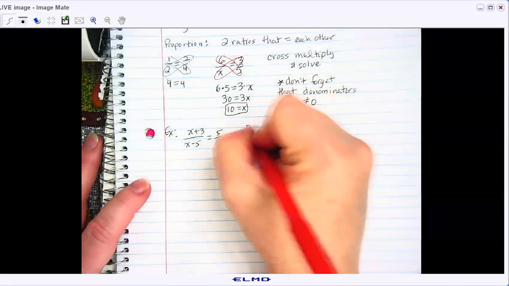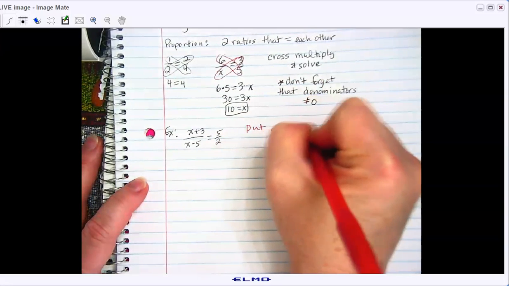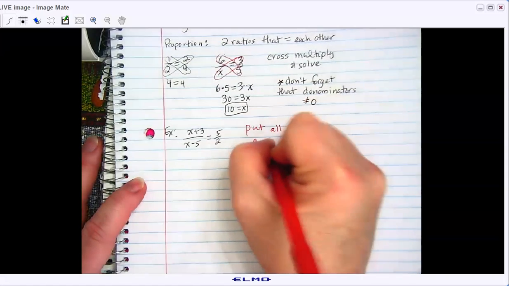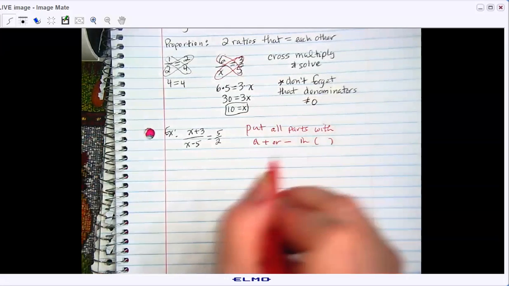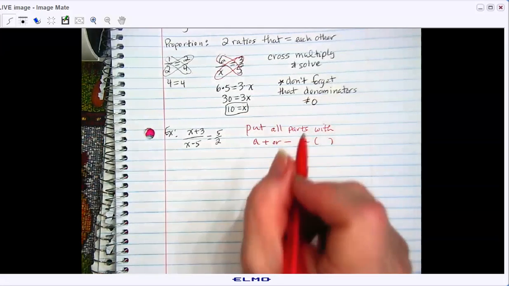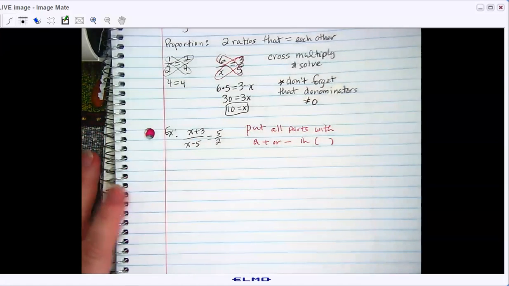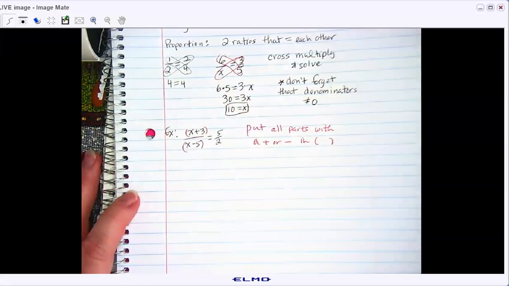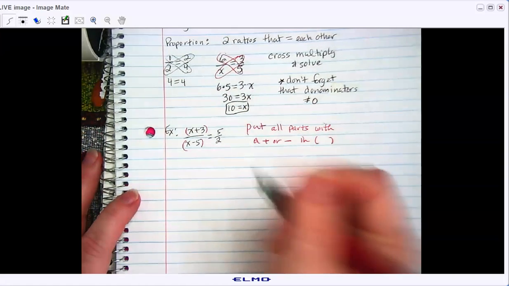We need to put all parts with a plus or minus in parentheses. The reason being, because when I cross multiply, if I don't do that, I may lose an important number. So this is what I mean.